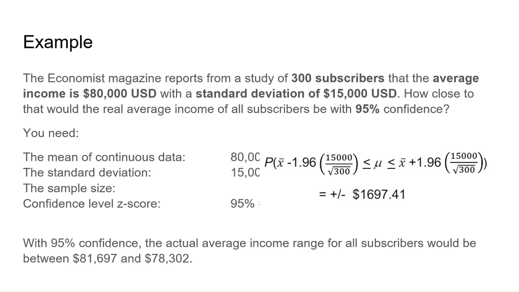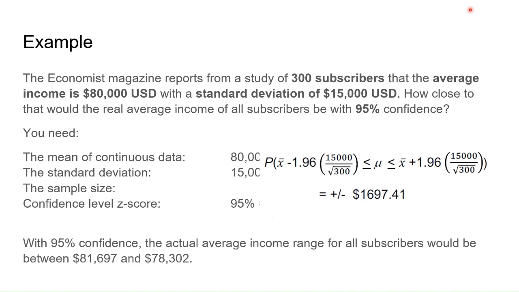We can calculate the actual average income range for all subscribers by plugging in the numbers that are listed here. There's a little bit of an overlap here, but that should be 80,000, 15,000. Sample size is 300. Confidence level is 95.